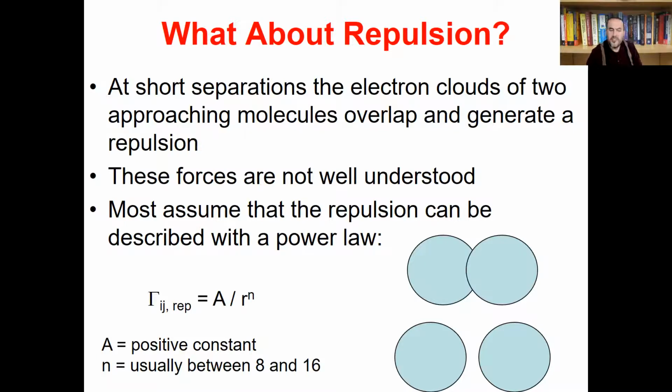The repulsive forces can usually be represented with a power law, similar to what is shown here. So this is a positive constant divided by r^n. n is usually between 8 and 16. So this is always positive. Positive, remember, means repulsive. Negative, attractive. Right, so that is it for the repulsion.